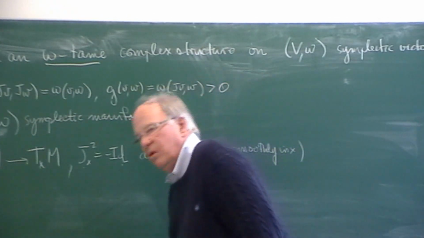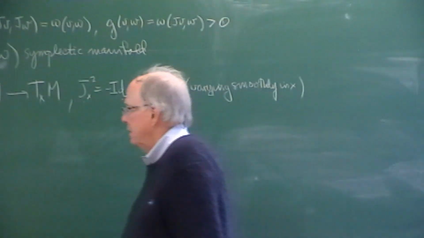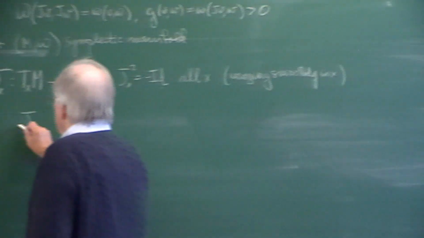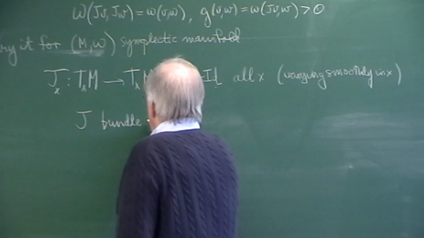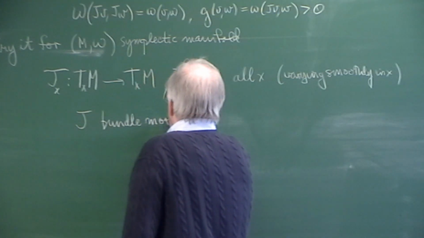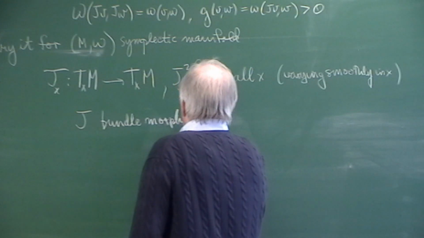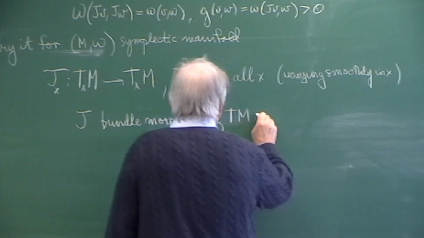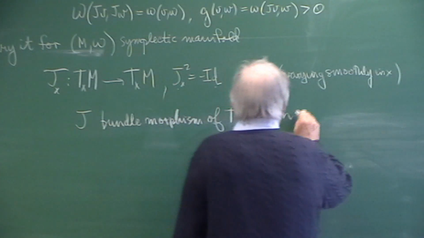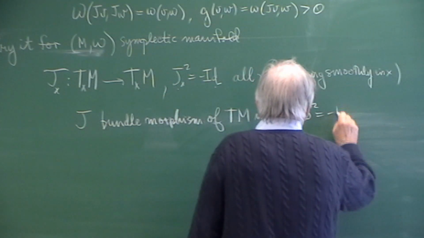So in this lingo of bundles, this means that J is a bundle morphism of the tangent bundle of M with J squared equal minus the identity.